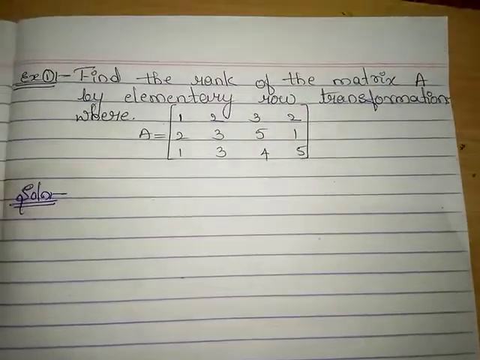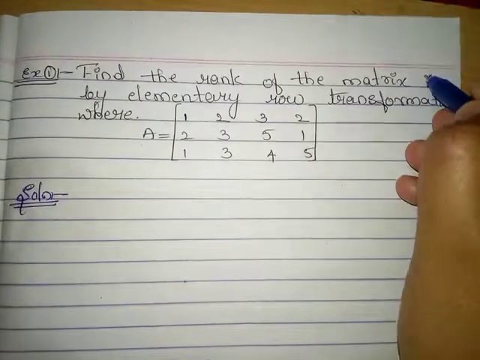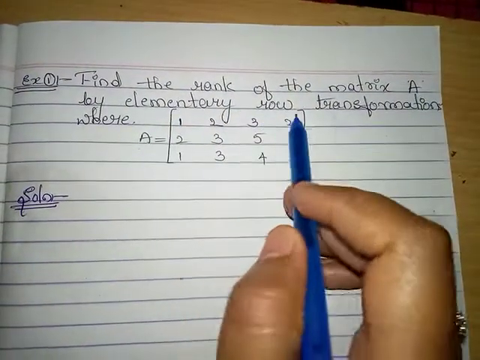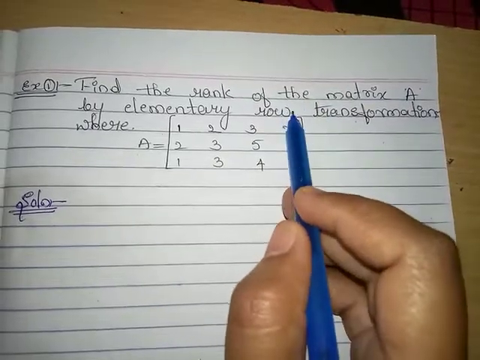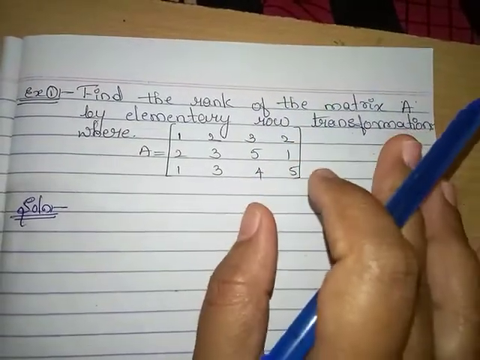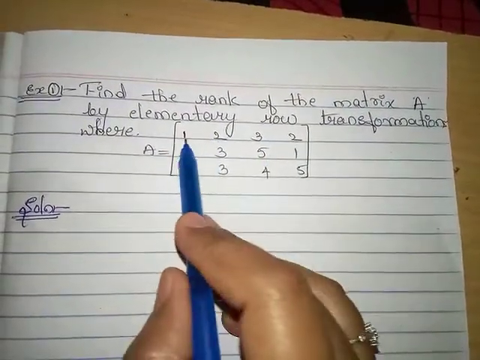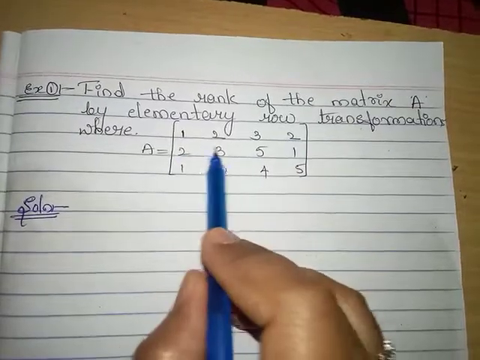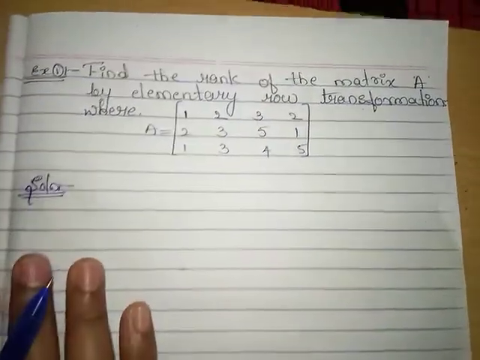Example 1. Find the rank of the matrix A by elementary row transformations, which means we only apply row transformations, not column transformations, where A is the matrix 1 2 3 2; 2 3 5 1; 1 3 4 5. Solution.